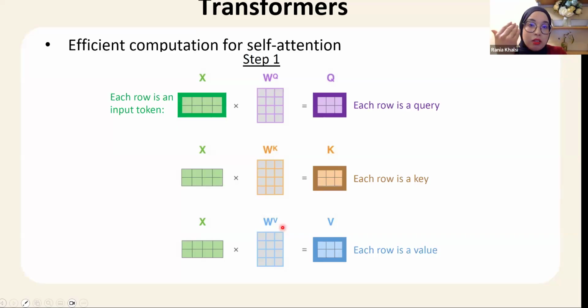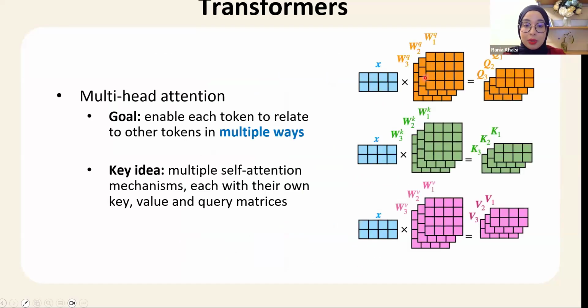So now think of something we covered so far. In convolutional neural networks, for example, it's my favorite example. So what do we have there? In CNNs, we introduce the idea of multiple filters to extract different types of features. So here is the same idea.